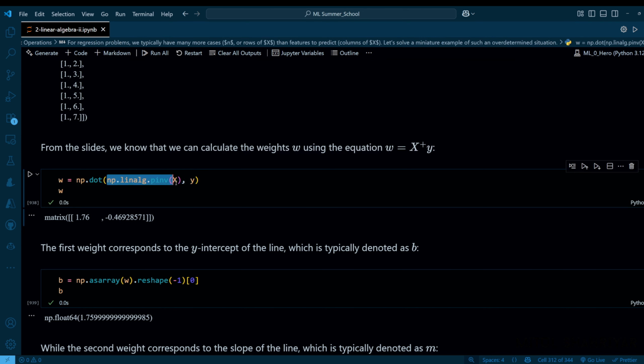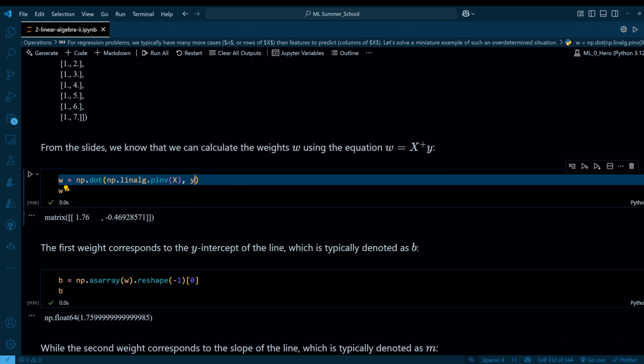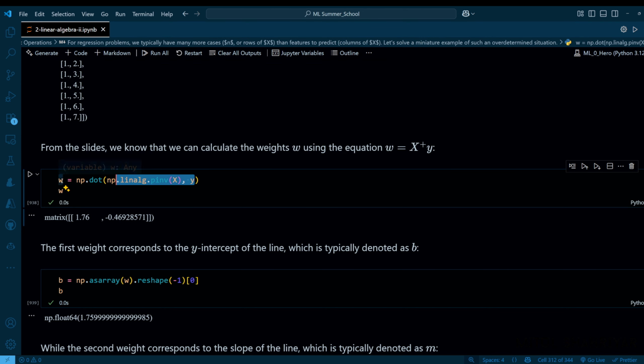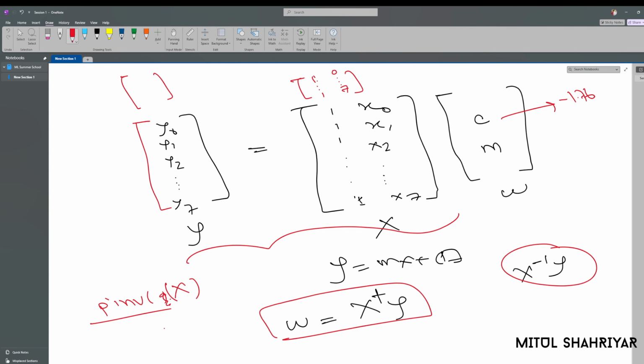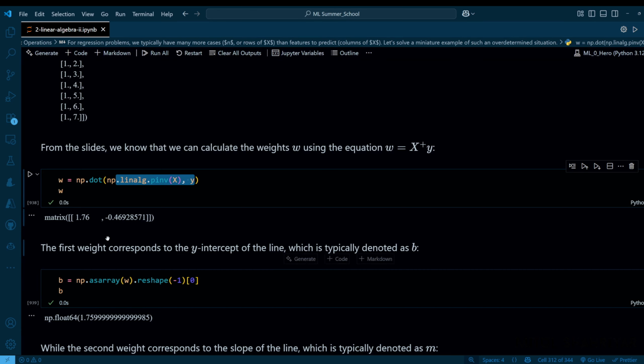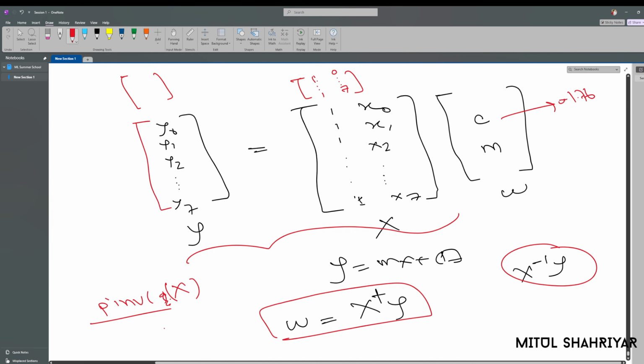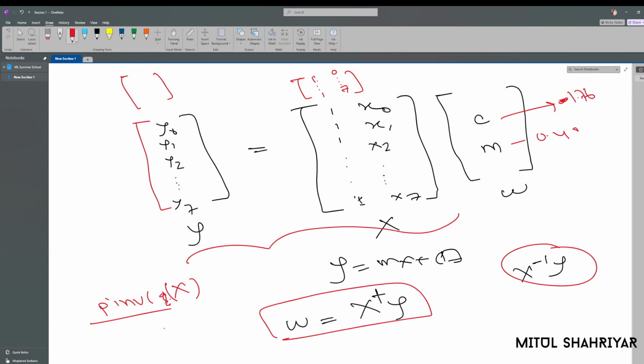We can easily get pseudo inverse using this pinv, and then multiply with it, and that is w, right? You can see w here: c is minus 1.76, and m is what? Sorry, this is not minus 47, it is 0.47.